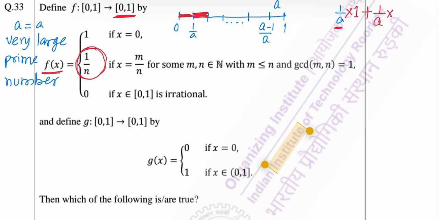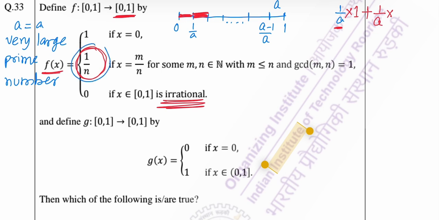You know, there are infinite rational numbers and irrational numbers between 0 and 1. If you are considering an irrational number, then it is 0, but we have to take the max value, so we cannot take 0. So we take the value according to this function.